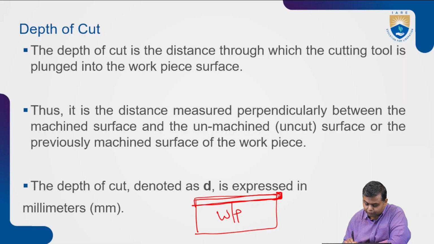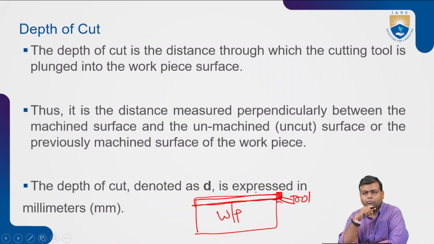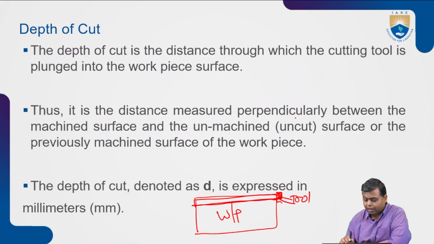This is what plunging of the tool into the workpiece up to a certain distance is, and that distance will come as depth of cut. So depth of cut, in a sense, is the amount of material thickness removed in one pass of the tool along the work surface. Thus it is the perpendicular distance measured between the machined surface and, after removing this material, whatever I get here will be the machined surface.